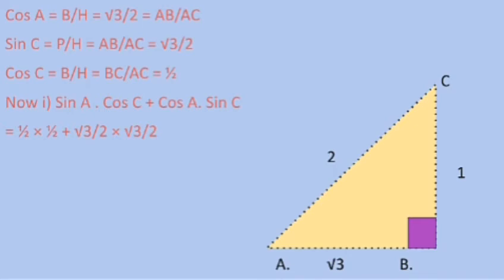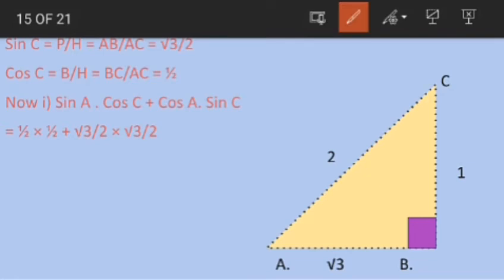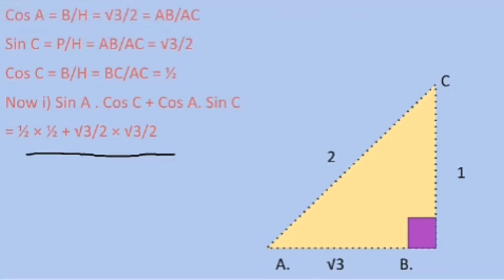So substituting the value of sin A, cos C, cos A, sin C, we will get the equation 1 by 2 multiply by 1 by 2 plus root 3 by 2 multiply root 3 by 2. Class, again when we multiply root 3 by 2 into root 3 by 2, we will get 3 by 4. So the equation is going to be 1 by 4 plus 3 by 4, that is 4 by 4.